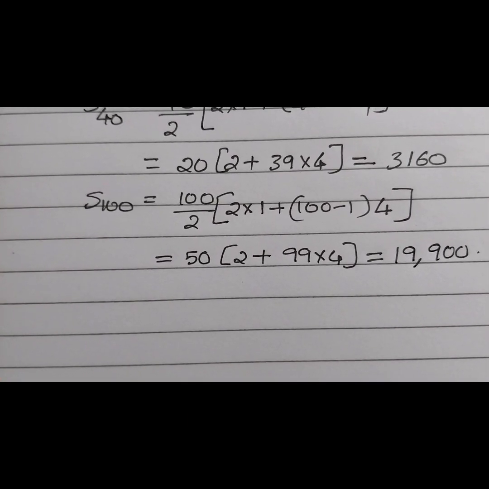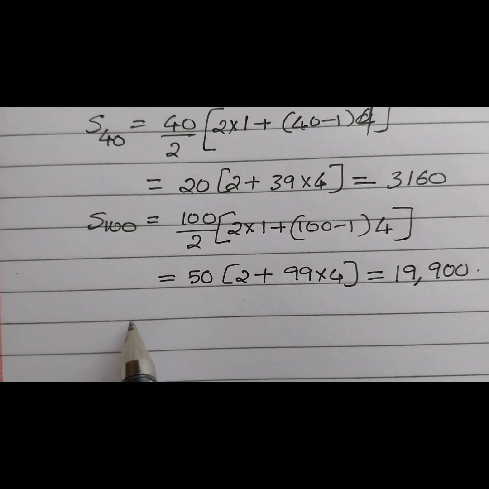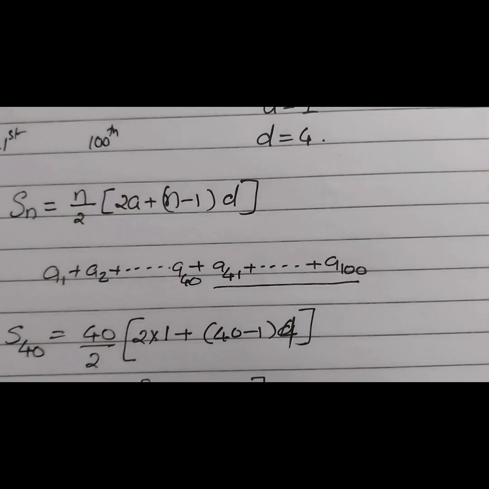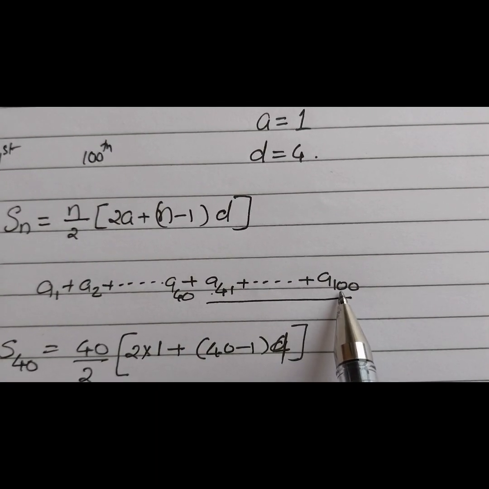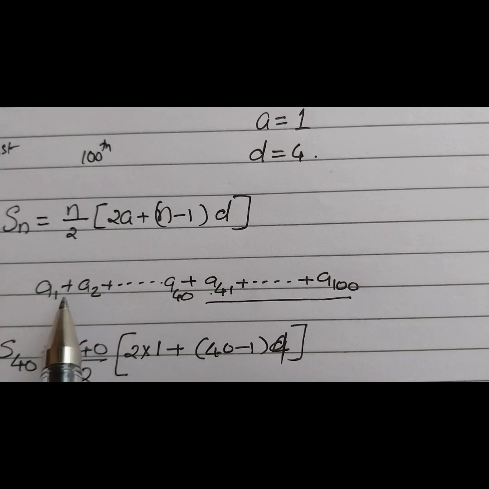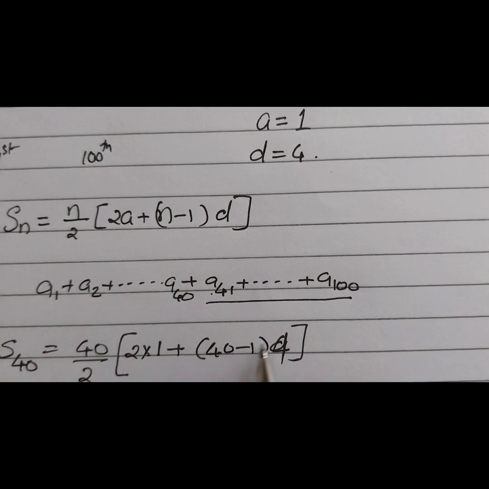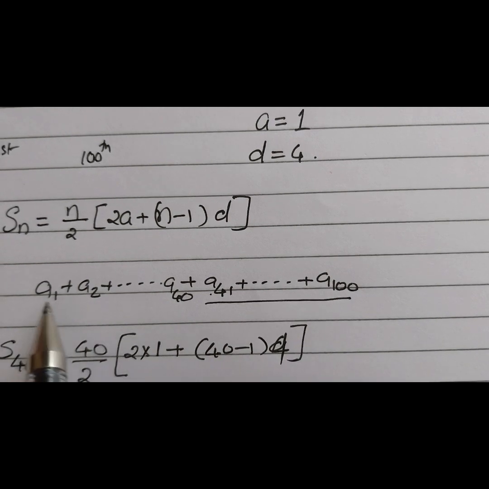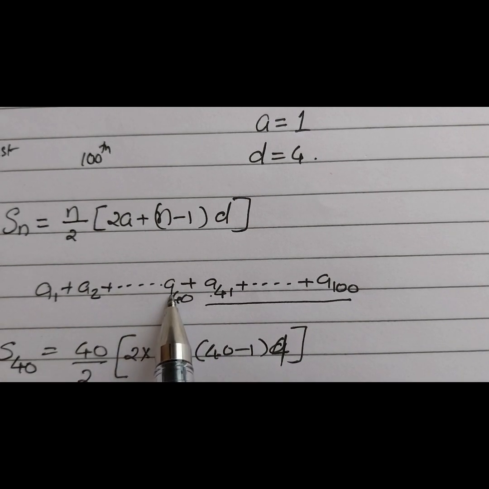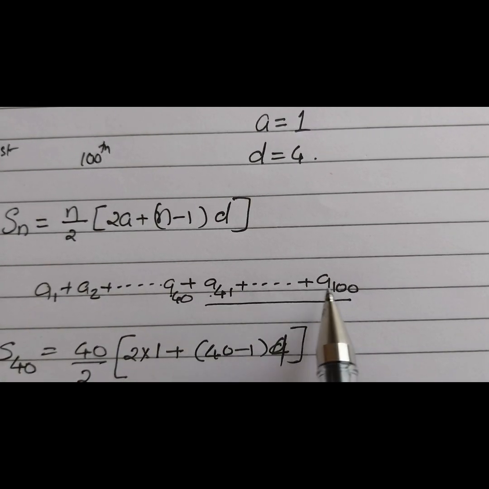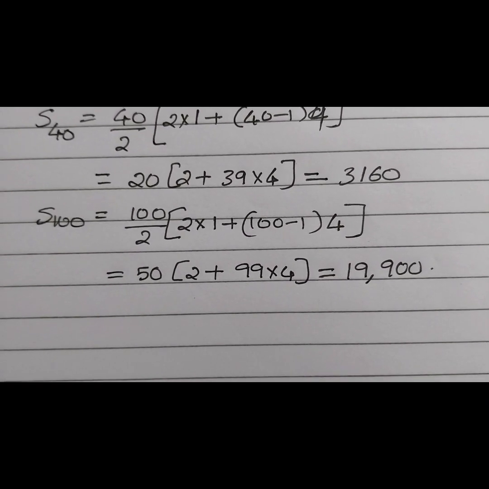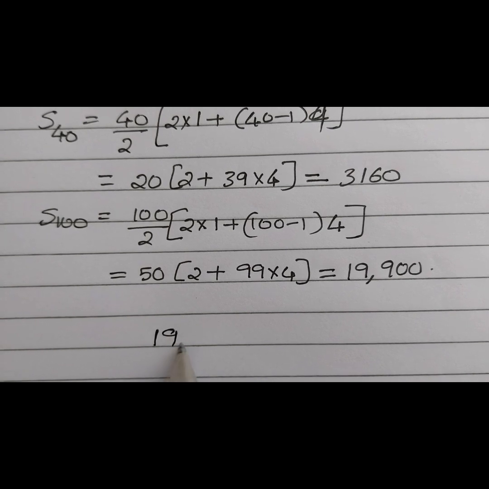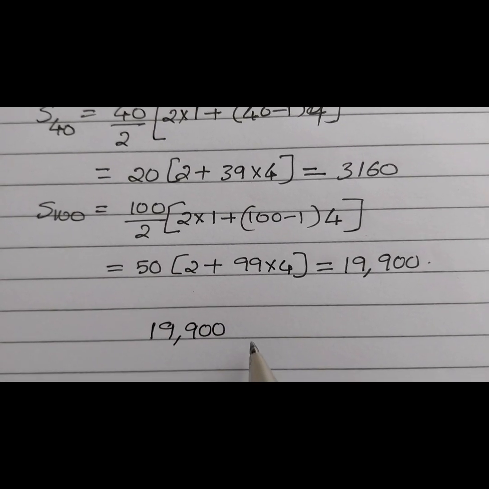Okay, now your aim is to find out sum of 41st to 100th term. So as we discussed before, sum of 100 terms minus sum of 40 terms will give you sum of 41st to 100 terms. So sum of 100 terms is 19,900.